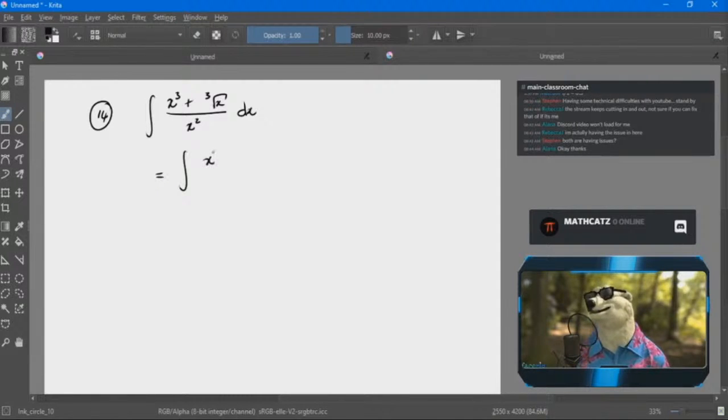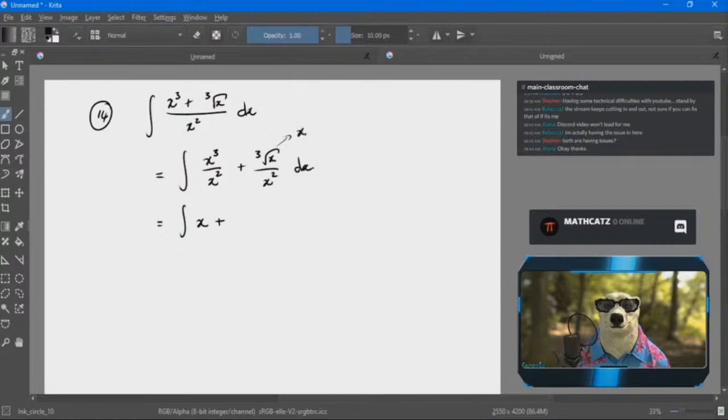So I'm going to split the common denominator, x squared, and then simplify each term, x. And this guy here is x to the 1/3, the cube root of x. So when I move the 2 up, it becomes a -2.